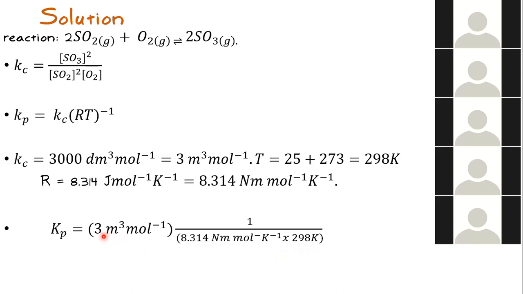You can see clearly that 3 will come to the top because 3 times 1 will be 3. Let's work out the numbers first. We have 3 divided by 8.314 times 298. That will give us 1.211 times 10 to the minus 3.